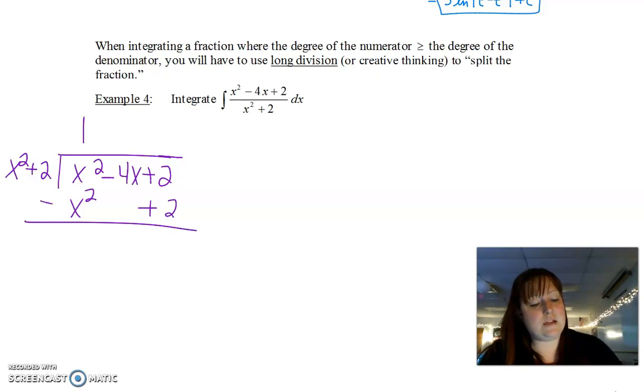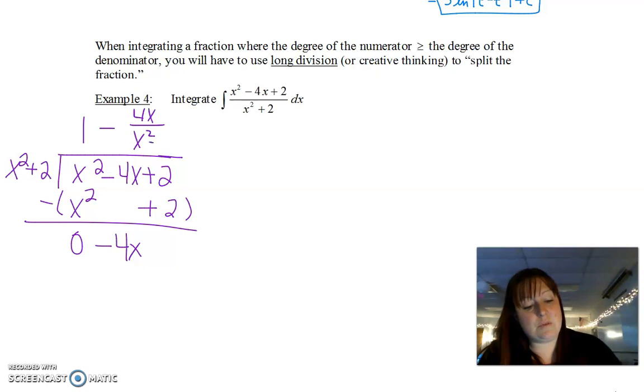And then we subtract. So we get 0 plus 4x, minus 4x, because it's negative 4x minus 0, minus 4x, I'm thinking ahead, plus 0. So our remainder is negative 4x, so we write our remainder, remember, minus 4x over x squared plus 2. So we just write it like that.